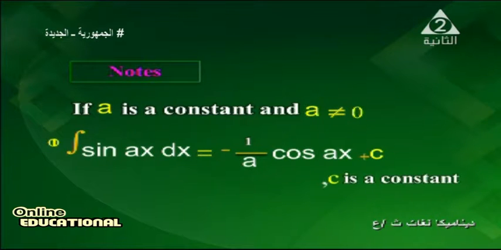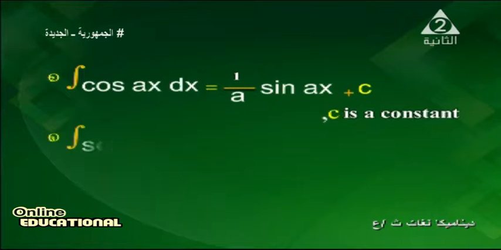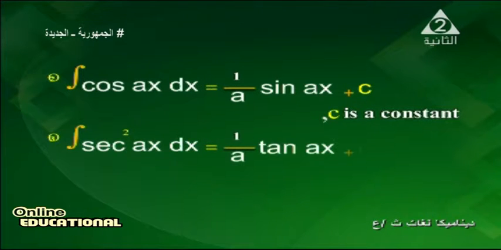Number 2, integration of cosine ax dx equals 1 over a sine ax plus c, where c is a constant. Number 3, integration of sec squared ax dx equals 1 over a tan ax plus c, where c is a constant.